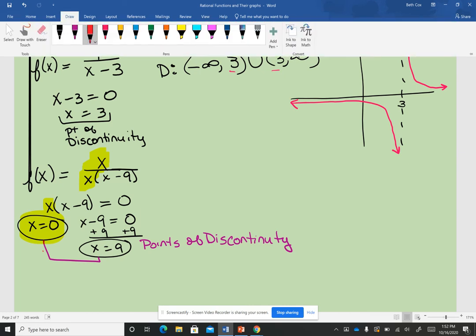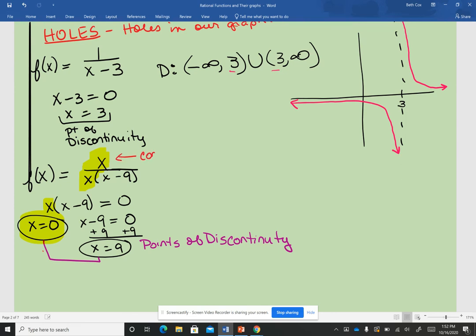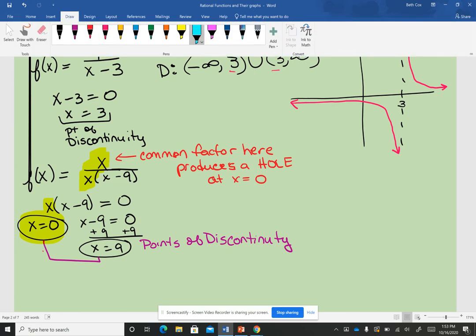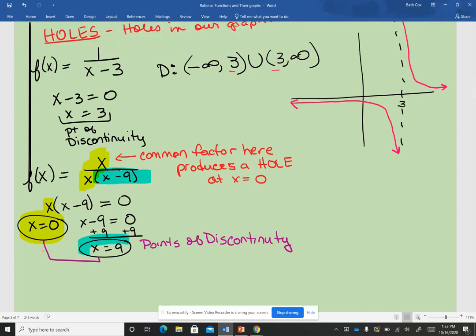Common factor produces a hole. There's a hole at x equals 0. Okay. Now the 9, that one produces a vertical asymptote. This one is going to be a vertical asymptote.